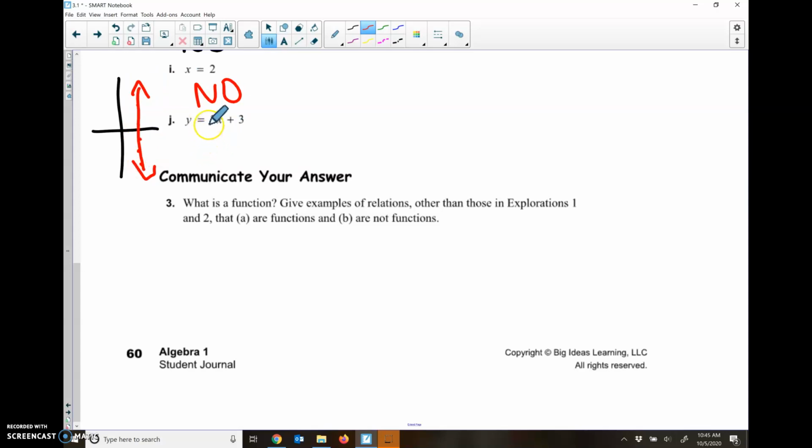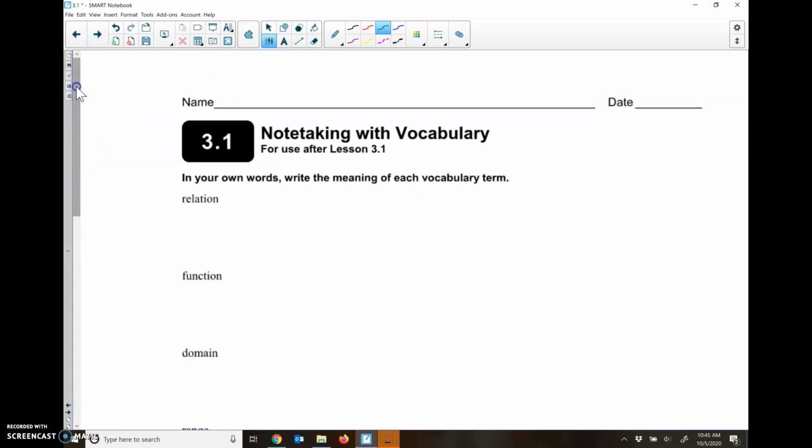So that's not going to be a function because it keeps touching every point all the way through. y equals 2x plus 3 is just going to be a straight line, something that looks like that. Never going to touch 2 points at one time. So yes, this is a function. Hopefully those of you with graphing calculators, or if you use Desmos, those graphing ones are a lot easier to see if they're going to be a function or not.